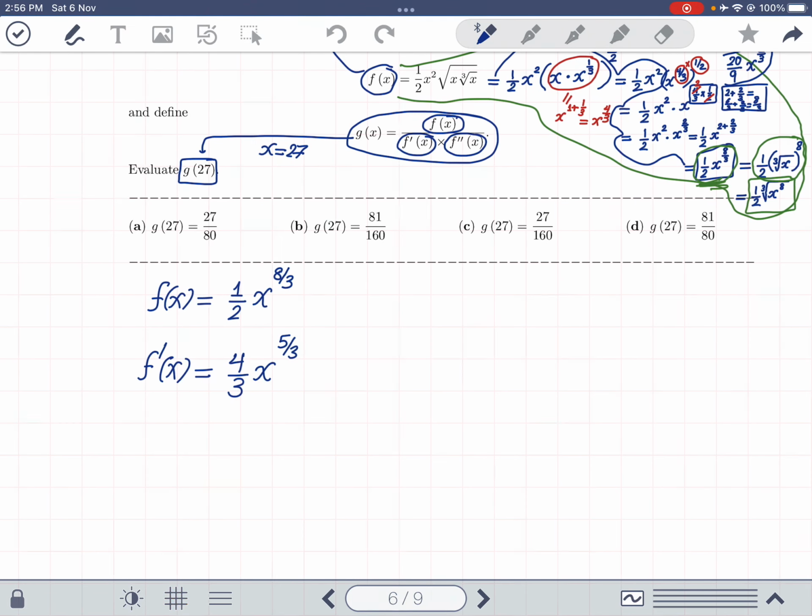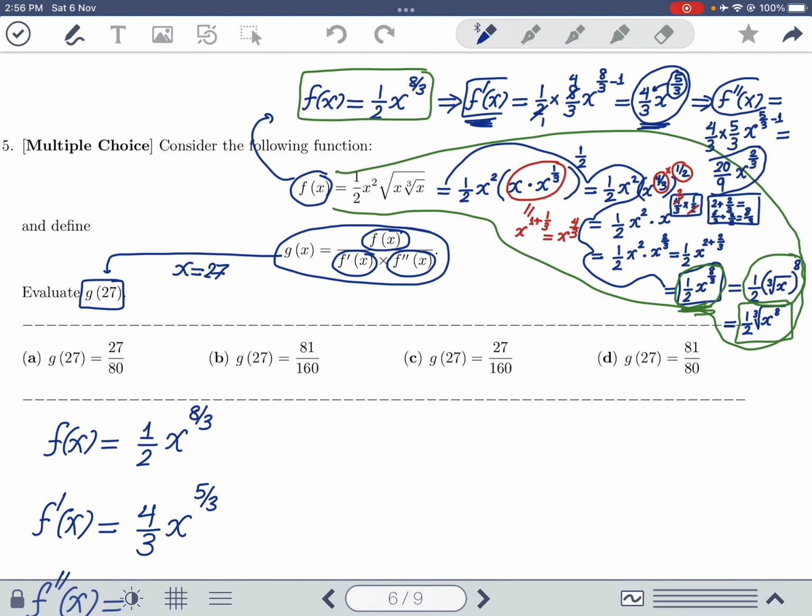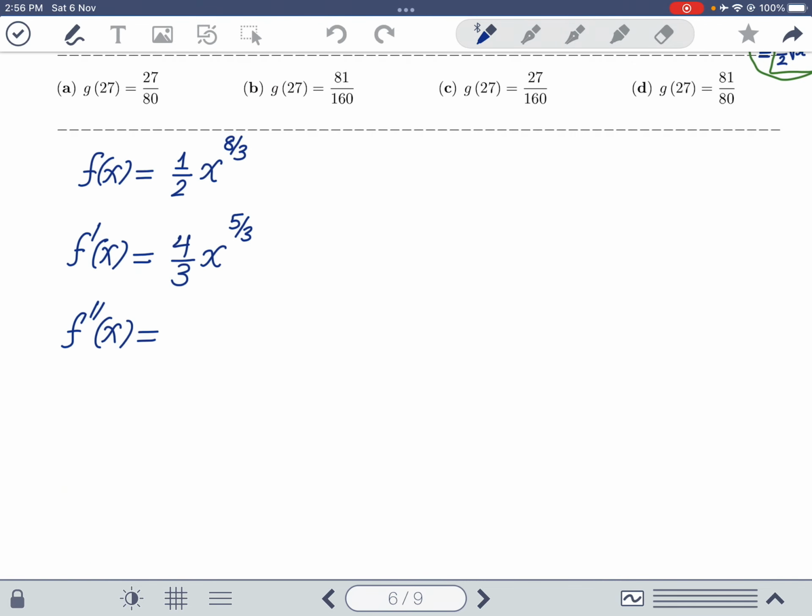And last but not least, f double prime of x was the last one we did. It was 20/9 x to the 2/3.